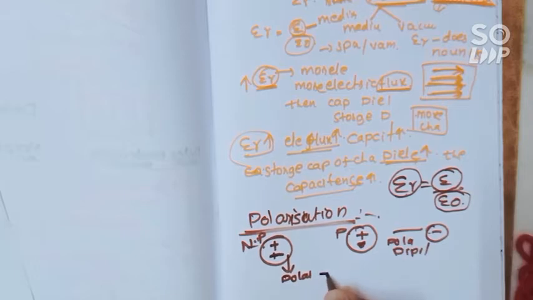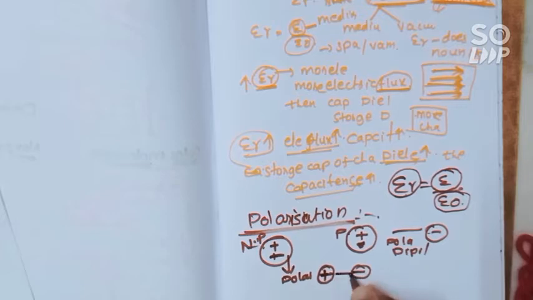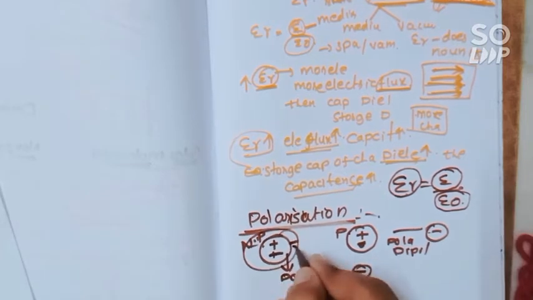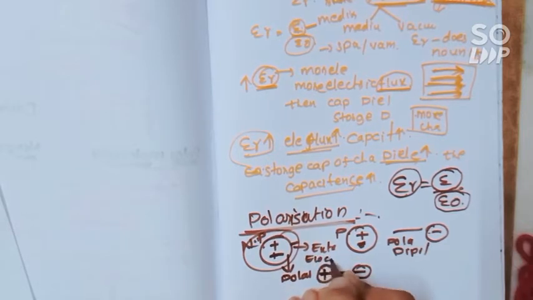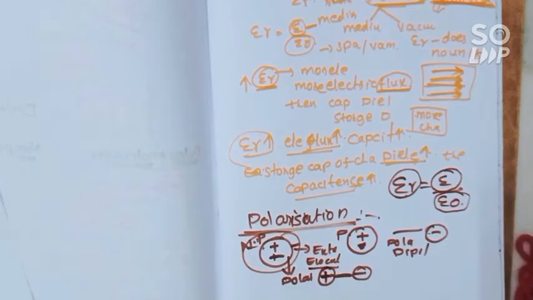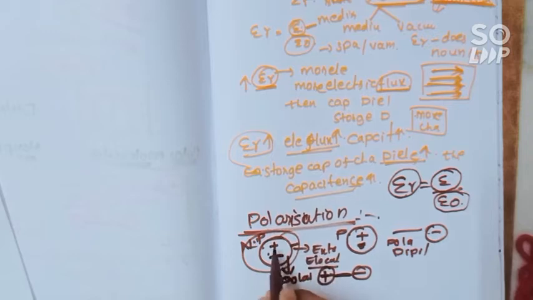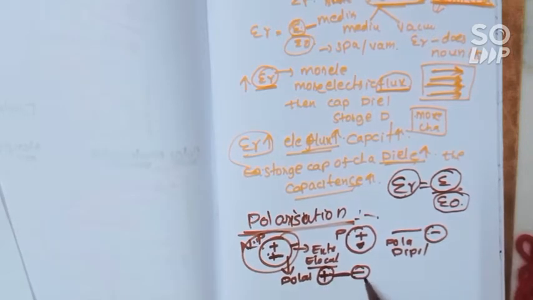Means we need to separate the positive and negative charges by some distance by placing the non-polar material in an external electric field. This is also called the local field. By placing the non-polar material in an external electric field, the positive and negative charges get separated by some distance d and dipoles are produced.